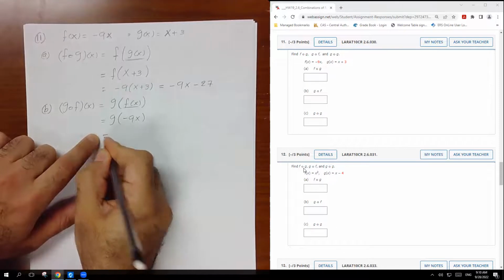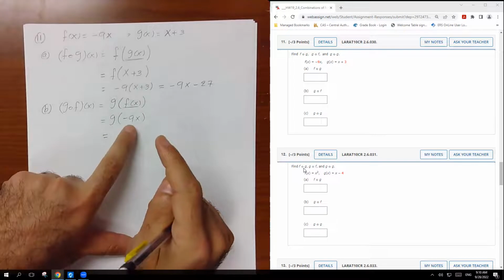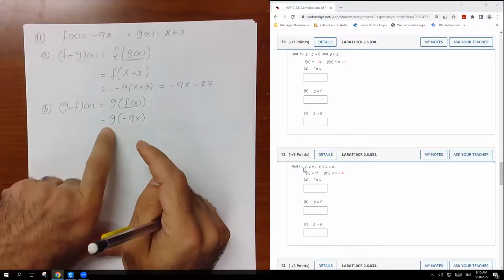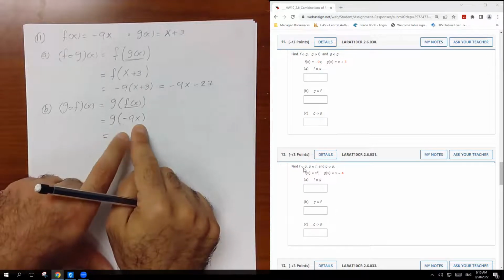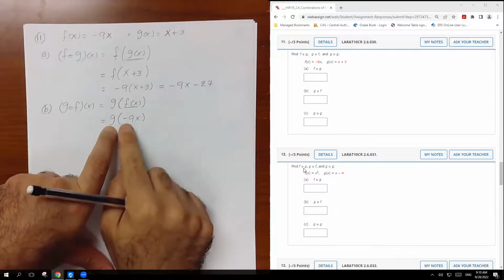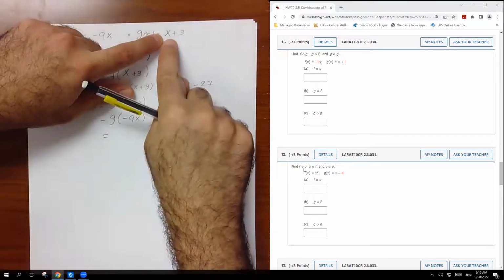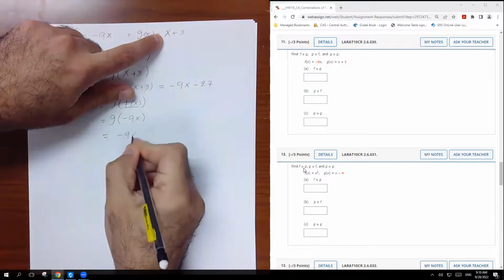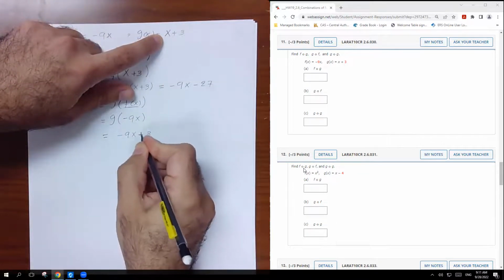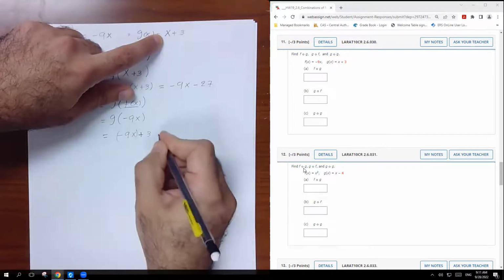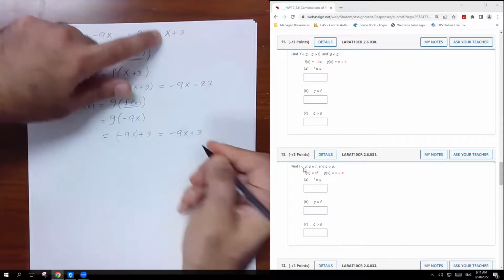Now instead of each x in g of x, I'm going to put negative 9x. So here's the g function. Instead of this x, I'm going to put negative 9x, and I'm going to keep the 3. Just simplify it, negative 9x plus 3. That's it for this one.